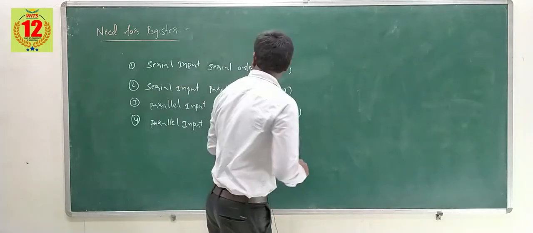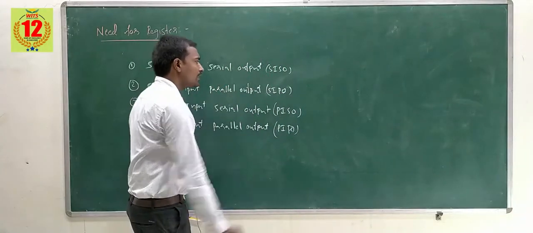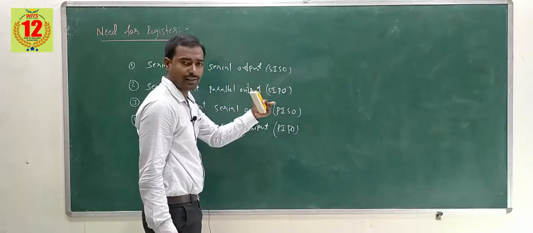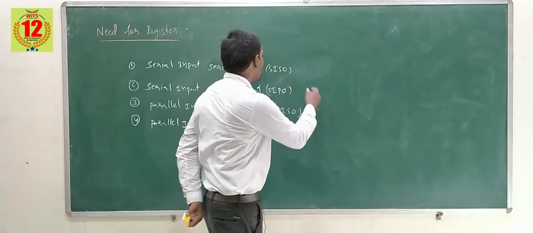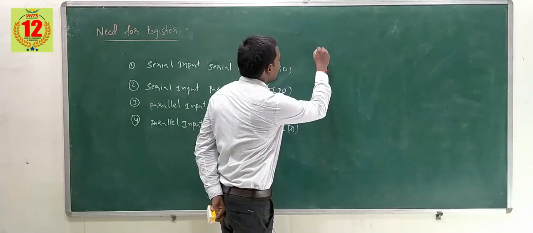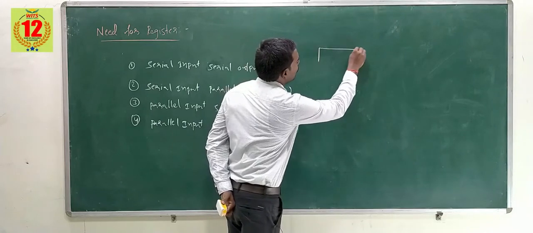Coming to the first one, serial input, serial output. How the data will be shifted will be seen here. Take it as 4-bit data.